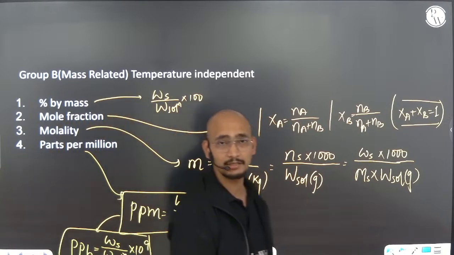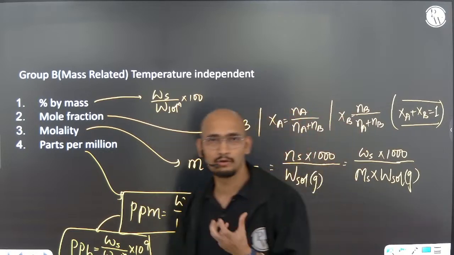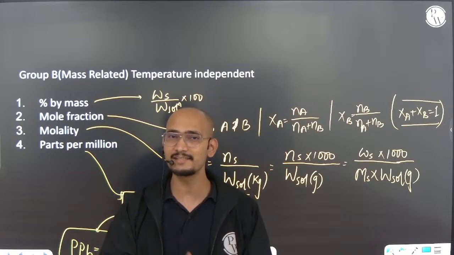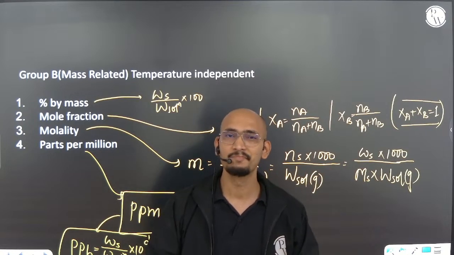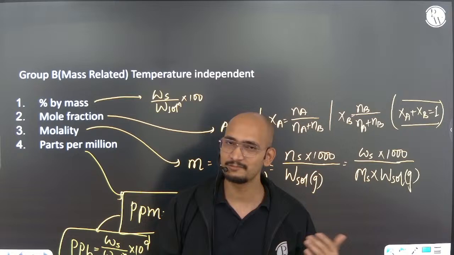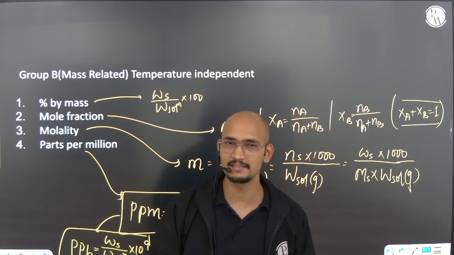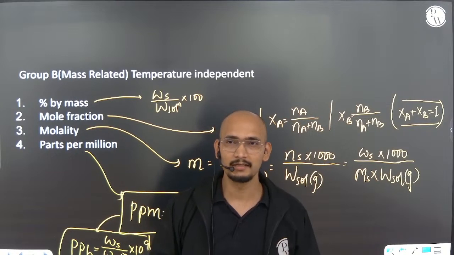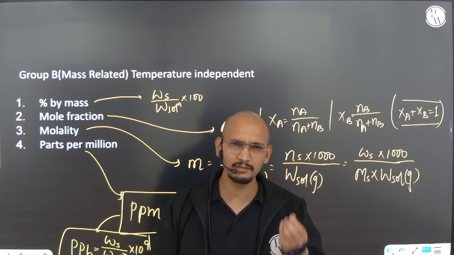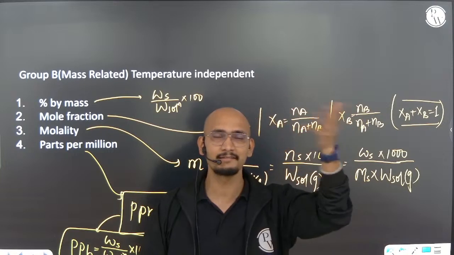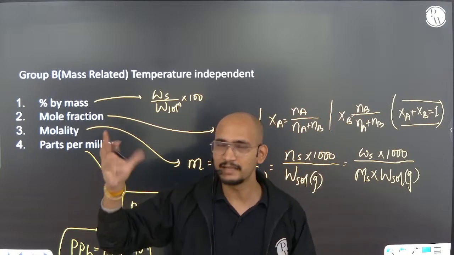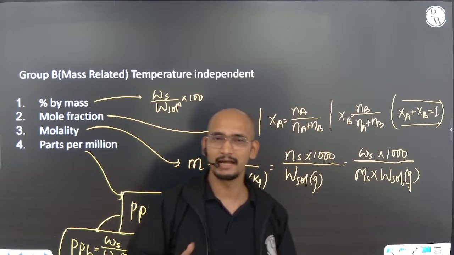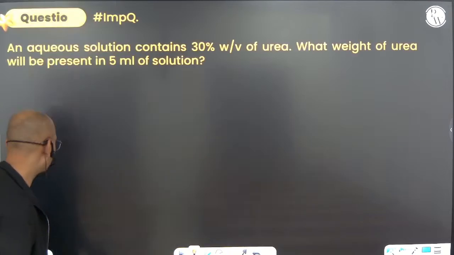They are used for trace amounts of solute. Let's say there is a very small amount of solute present inside the solution. For such solutions we use ppm or ppb. Examples are impurities in water, or atmospheric pollution in air, which we measure in terms of ppm and ppb.